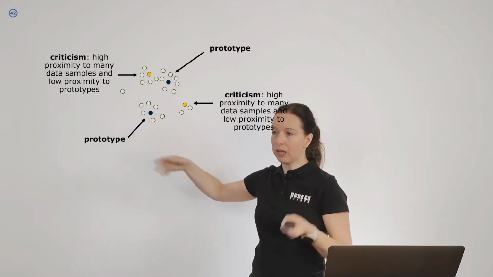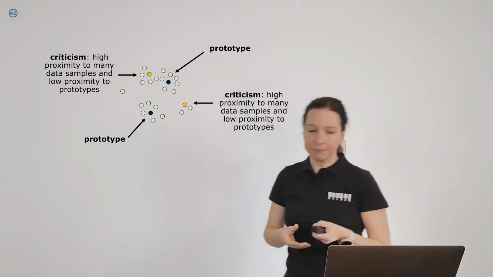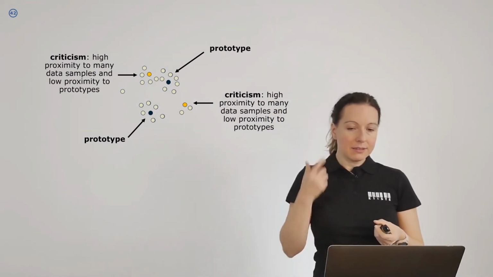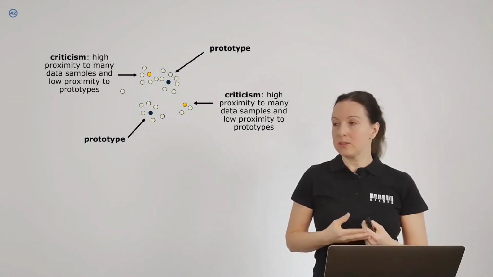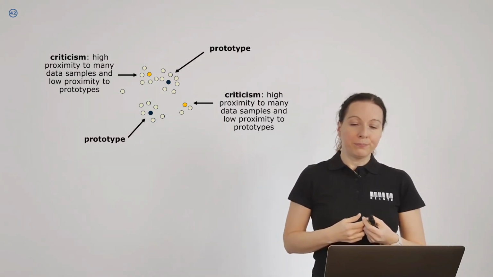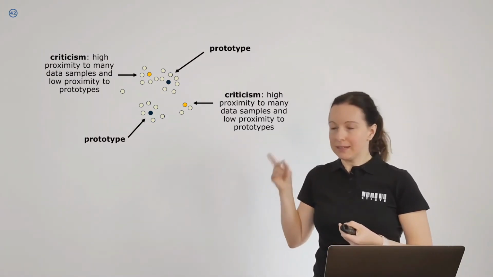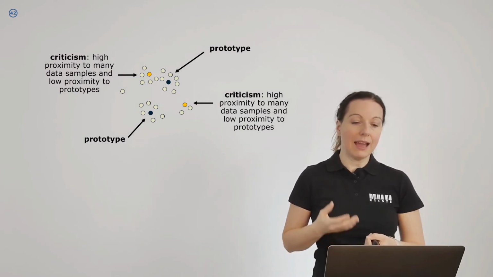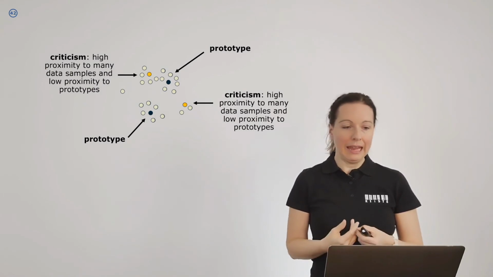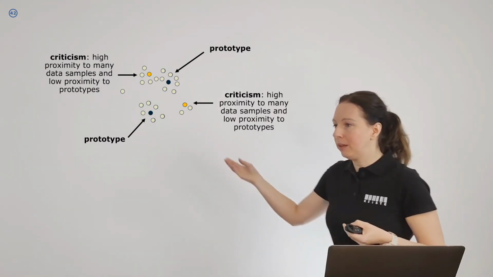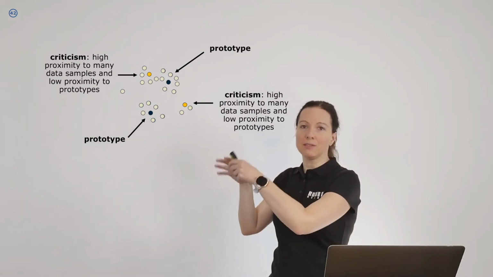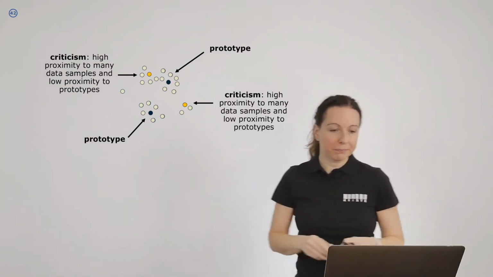And you said, okay, we found two prototypes in these high density areas, and then two potential criticisms, here illustrated in yellow, can be exactly these, where the data set is underrepresented by the prototypes, but the data distribution is high. This might, for example, happen if you have a high density area, but it's actually a little bit isolated, a little bit of an isolated cluster.